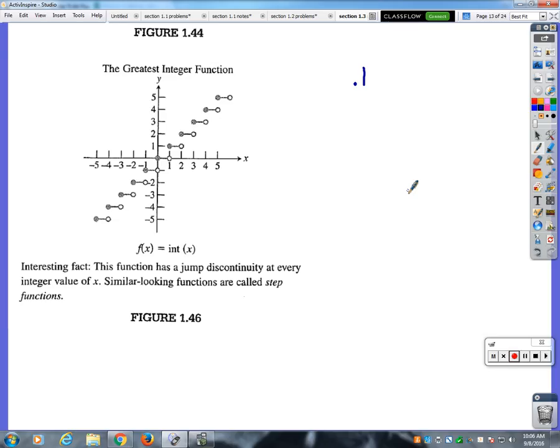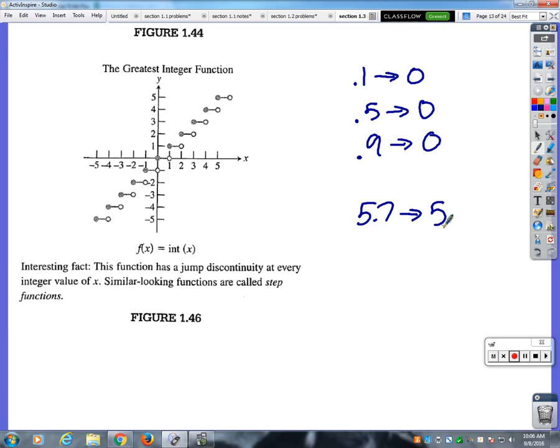You don't round, you just make it disappear. So 0.1 becomes 0. 0.5 also becomes 0. 0.9 also becomes 0. So all of the numbers in between 0 and 1 get rounded down to 0. So then if I go like 5.7, that gets rounded down to 5.